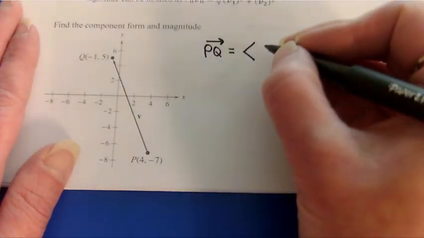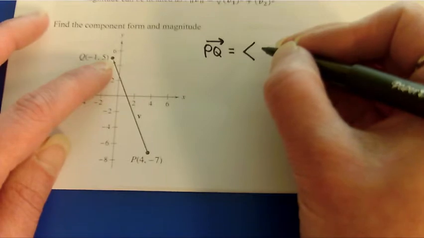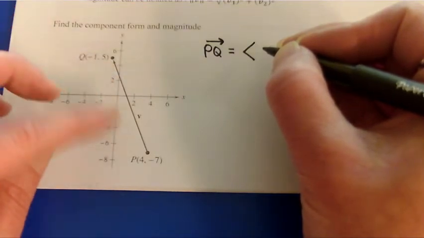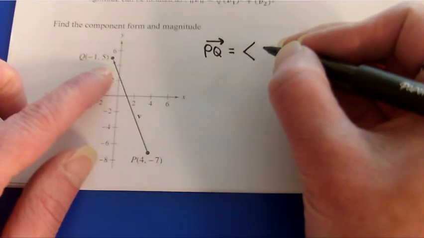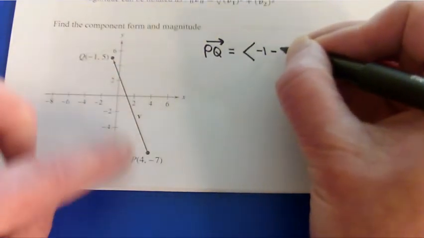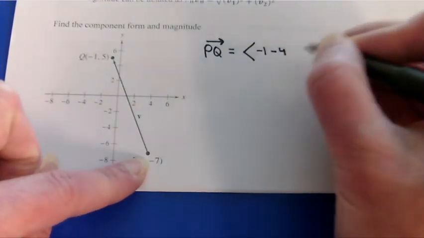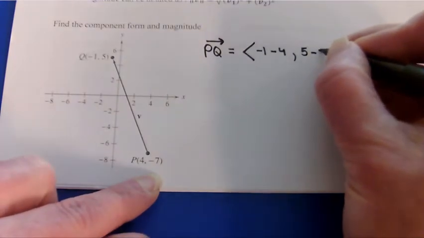It's going to be x2, the ending x value, minus the beginning x value. So the order actually does matter here: ending minus beginning. Then the ending y value minus the beginning y value.